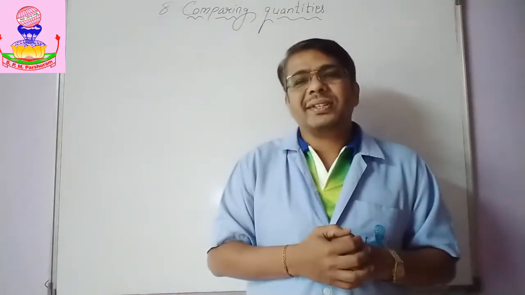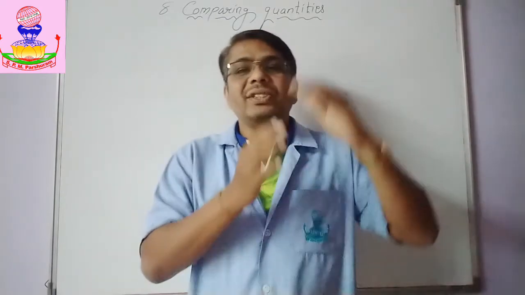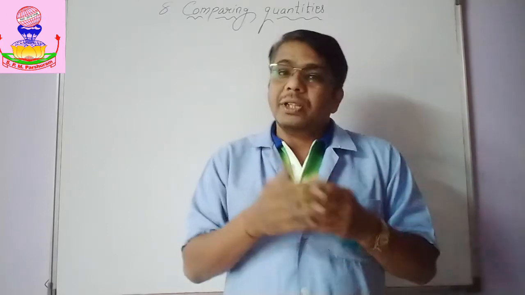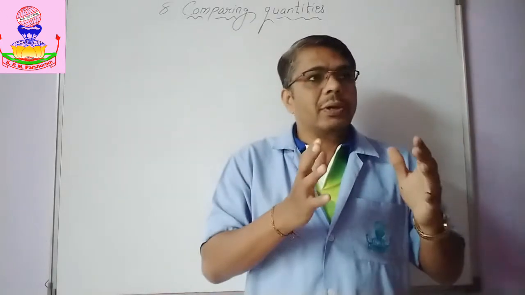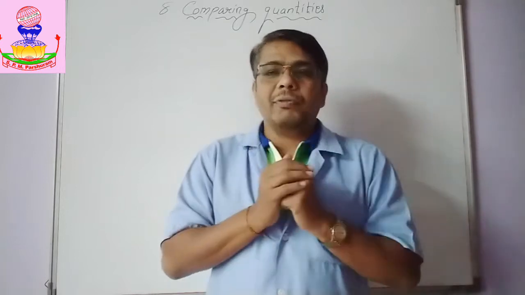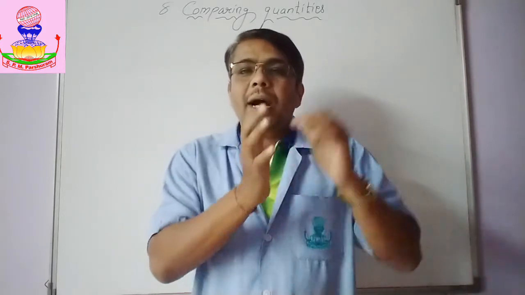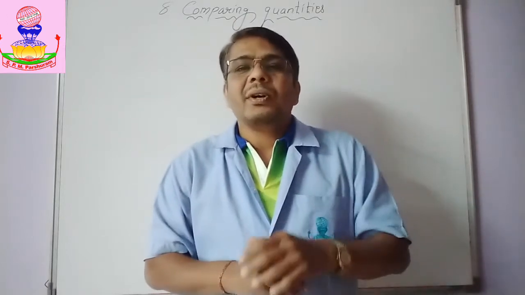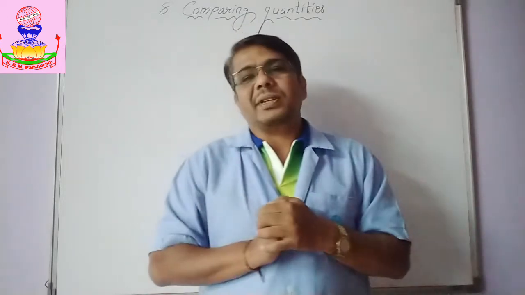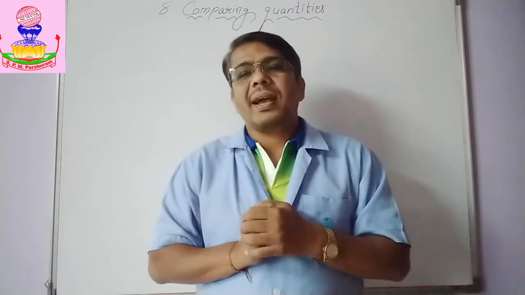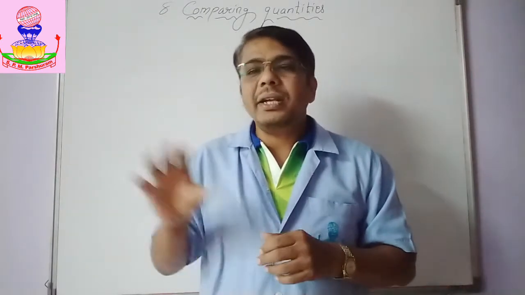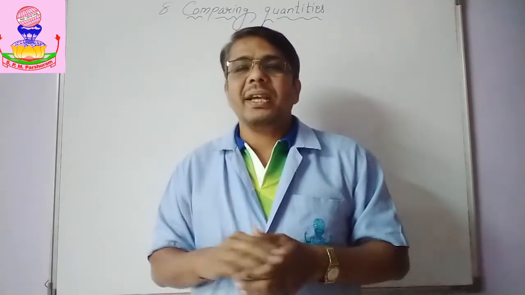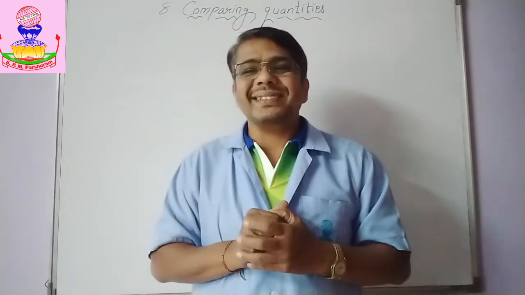Another is ratio. That is dividing one quantity by the other. Right? So there also, for example, if height of Aryan is 200 centimeter and height of Vishnu is 100 centimeter.